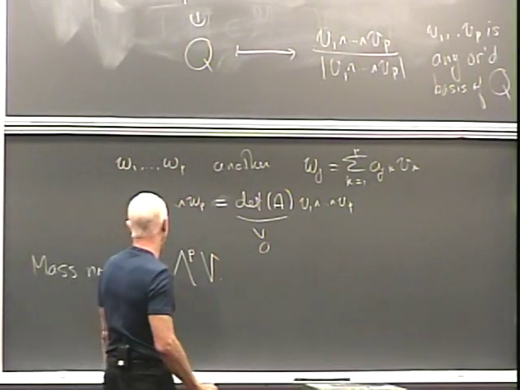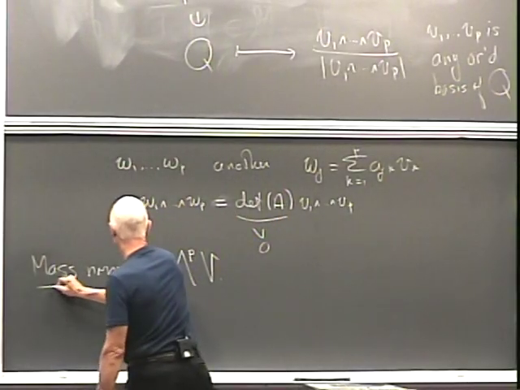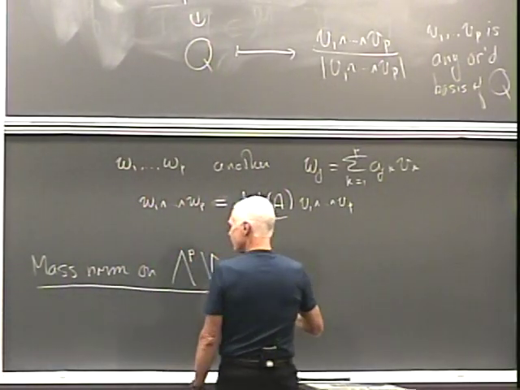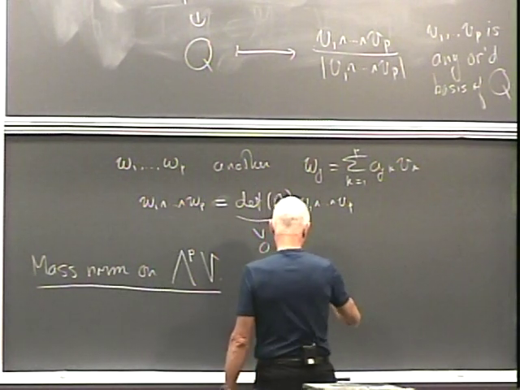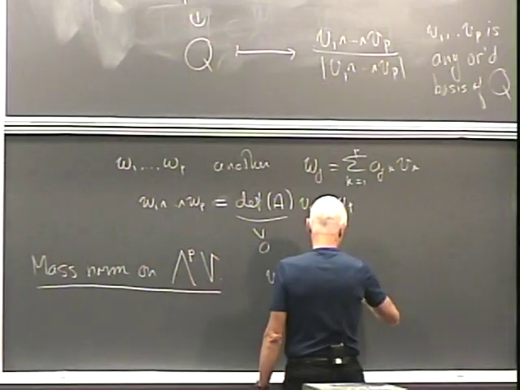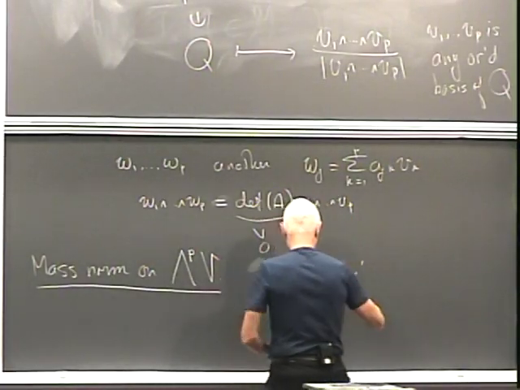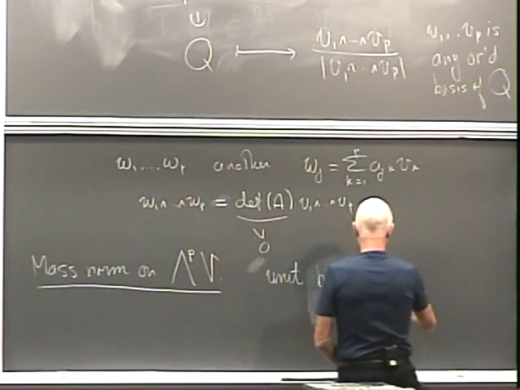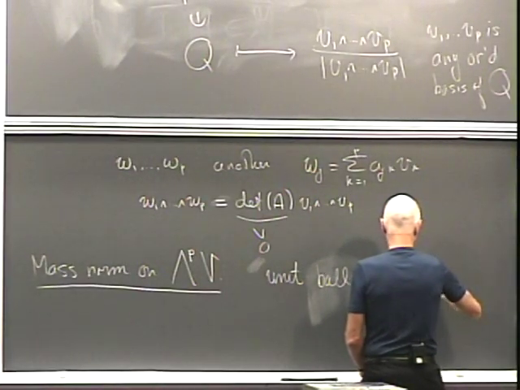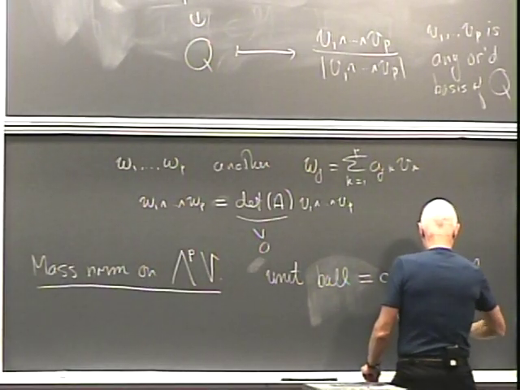There are various ways of writing it, but we don't have to worry very much about it. I'm simply going to say that the mass norm has the property that its unit ball is equal to the convex hull of G_p.